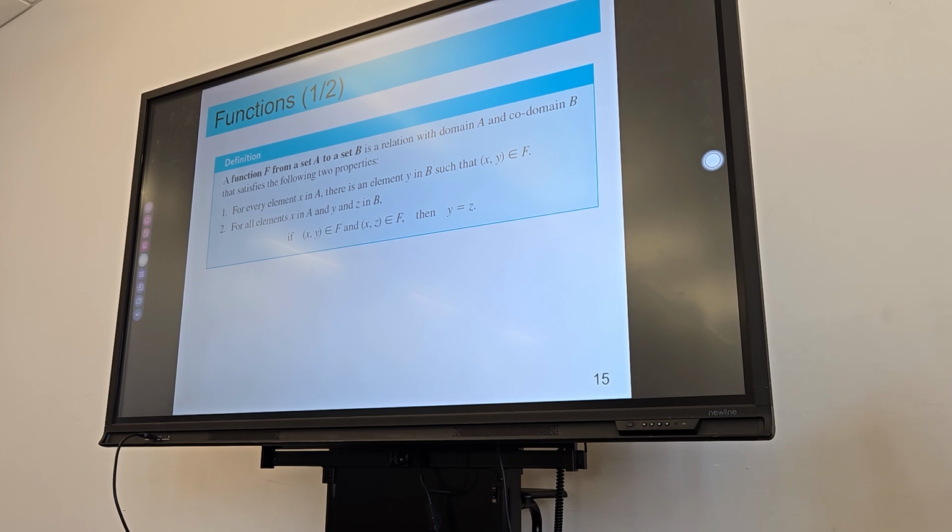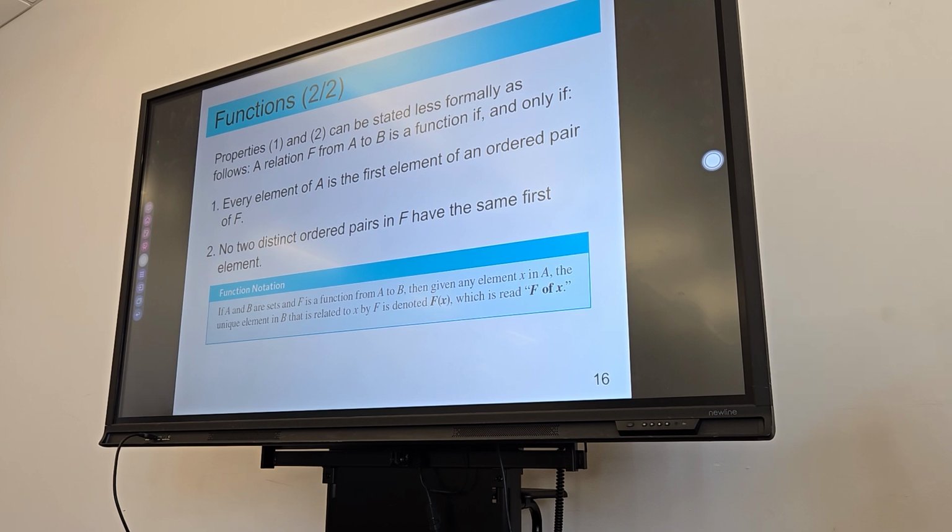What that means in simple terms is, for every element in the domain, there is a corresponding element in the codomain, and for each element in the domain, there's only one element in the codomain that matches it.